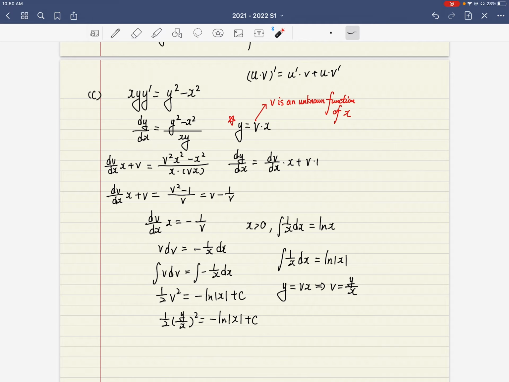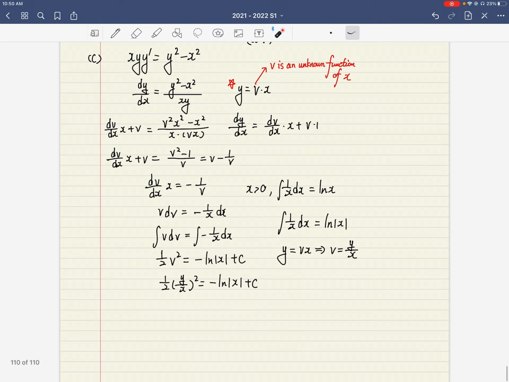So all the procedures are actually quite standard. You just have to do the calculations correctly, especially the integrations and differentiations. You just have to be very, very familiar and comfortable with them.